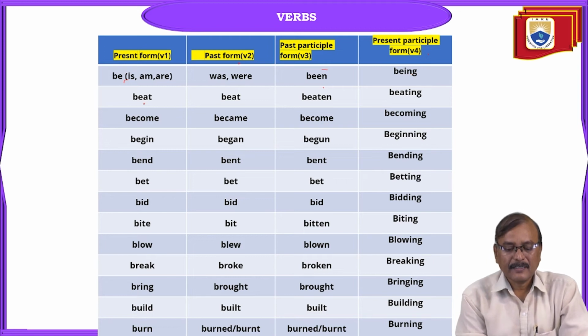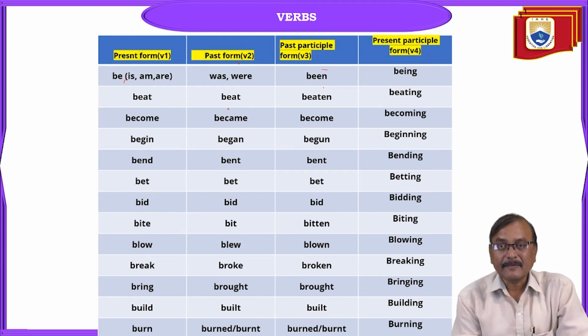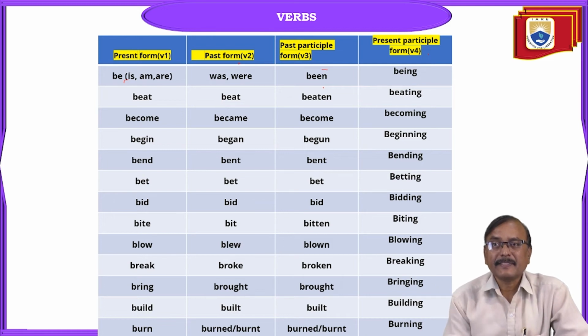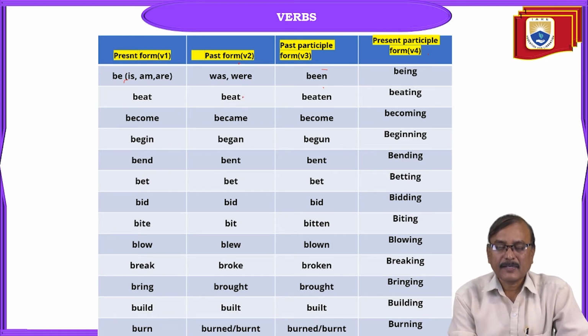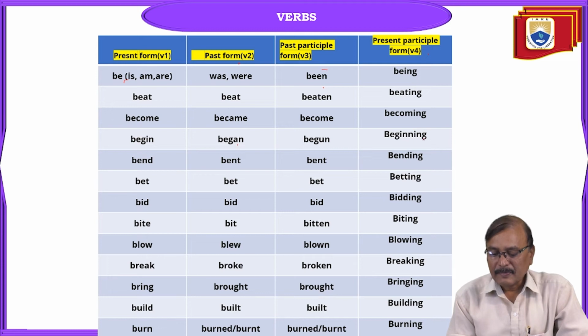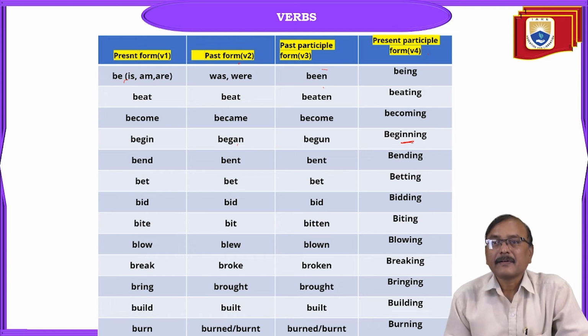See here, the spelling is the same, but the pronunciation is different. In past, we have to read it as bet. Beaten, beating. Become, became, become. Begin, began, begun. Beginning. Remember, when we add extra ing, we double the consonant. Beginning.